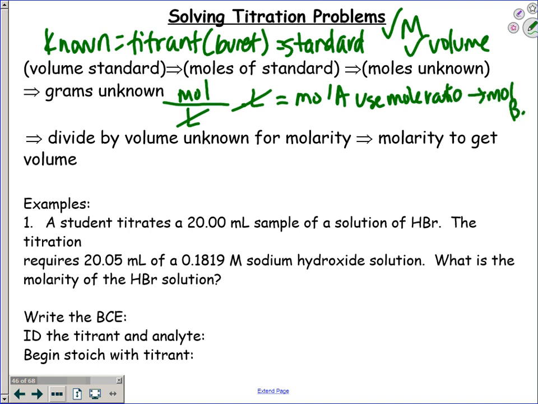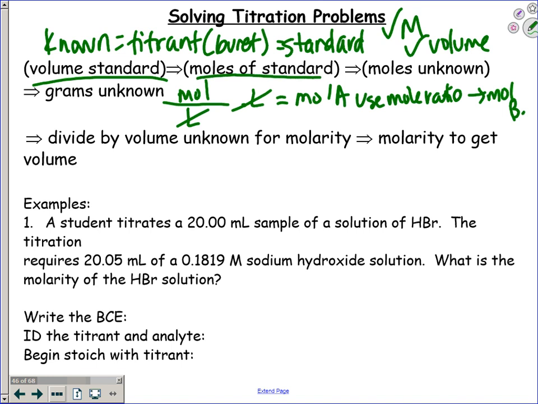But once we get there, sometimes we're not sure what we're looking for. Are we looking for moles? Grams? Volume? Molarity? It depends on where we're going and that final step. So you'll take the volume of your standard, which is your known, and you know the molarity and the volume of it. You'll multiply the liters by molarity to get to moles of the standard.